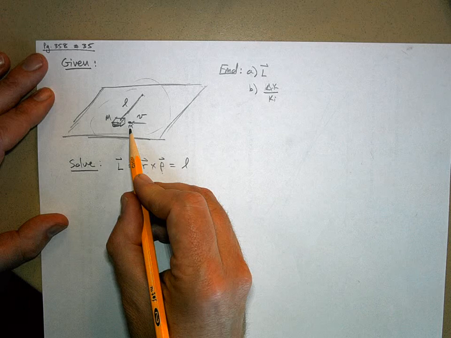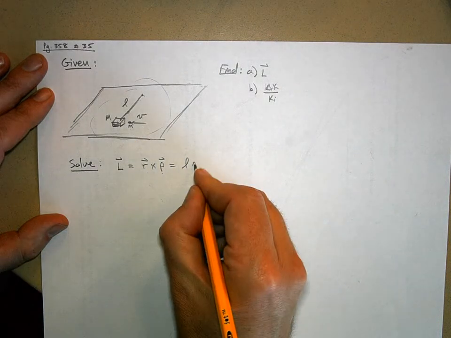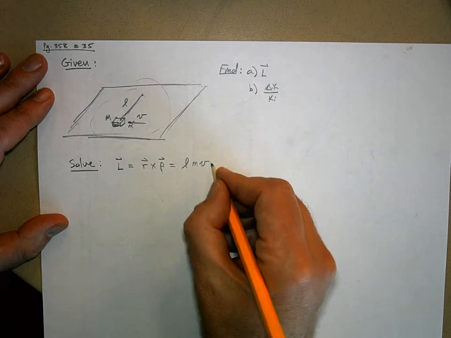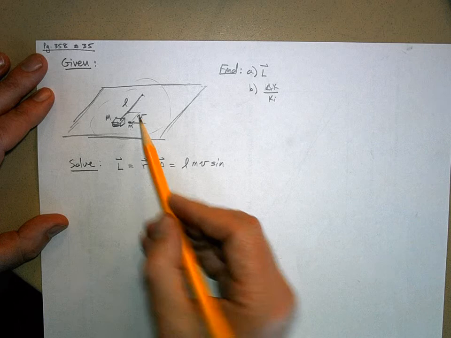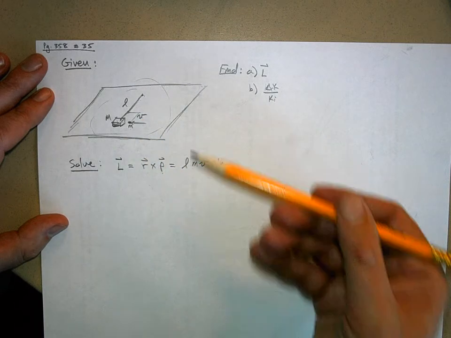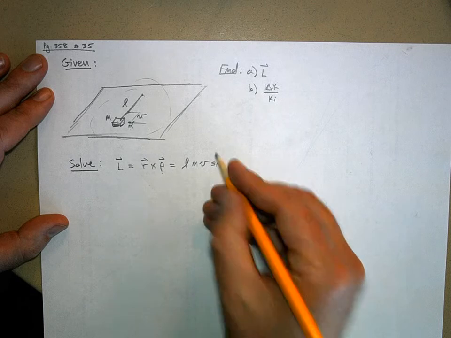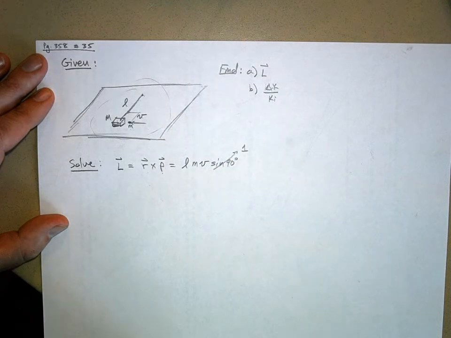Well, it's the mass of the bullet times the velocity of the bullet, so it's mv. Times the sine of what angle? It said in the problem that it's hitting perpendicularly to L, so it's just the sine of 90 degrees, which of course is 1.